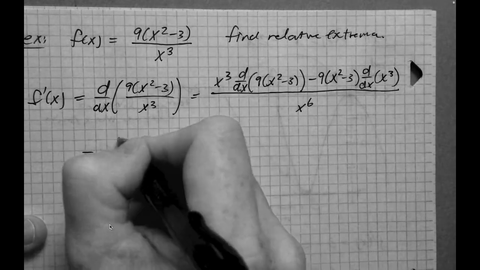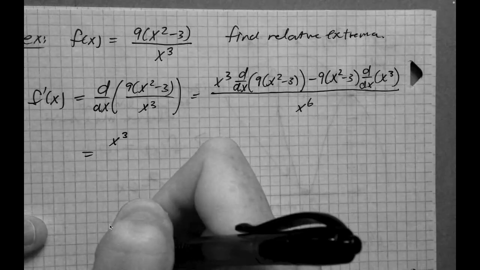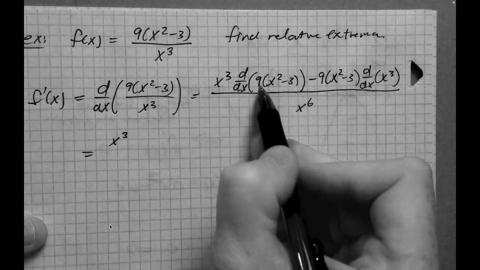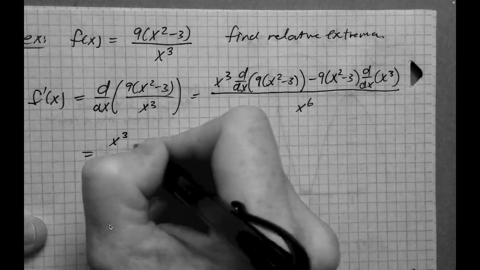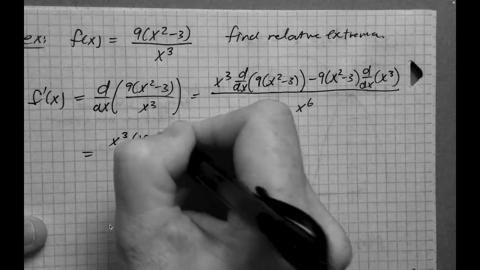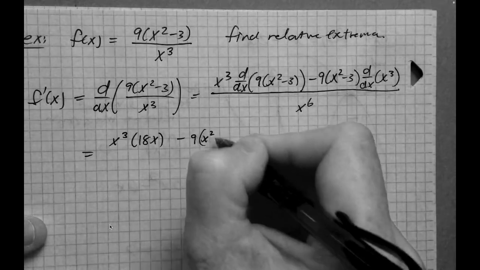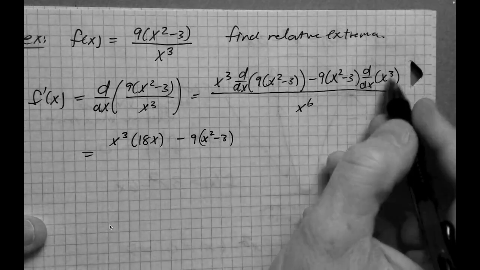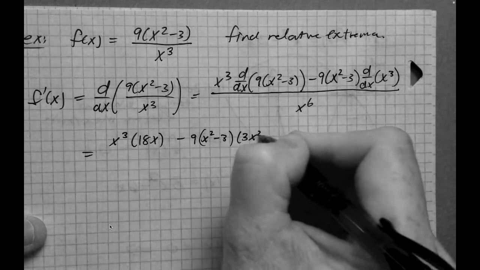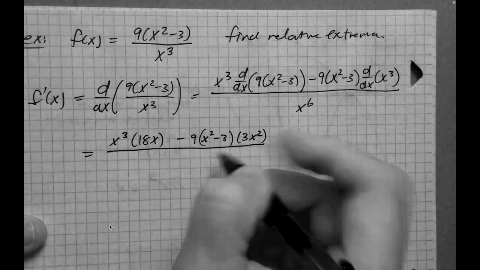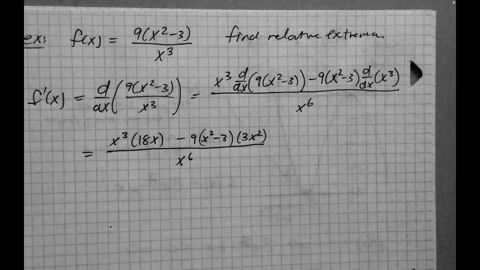And running through this quickly, we can see that this derivative here, this is going to be 18x. Okay, and then minus 9x squared minus 3, and then this would be 3x squared. And the whole thing divided by x to the 6th power.